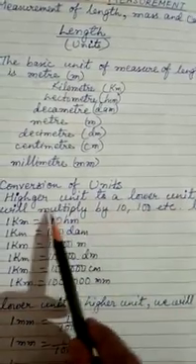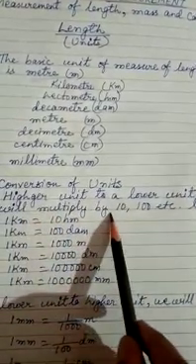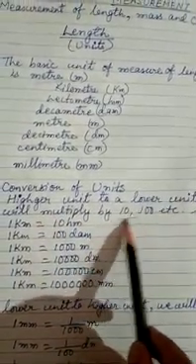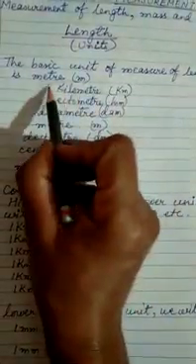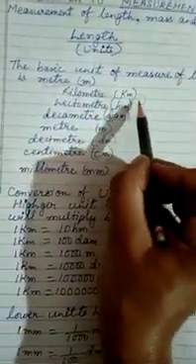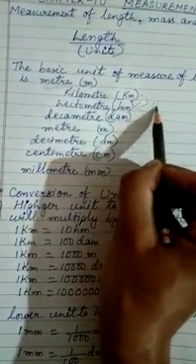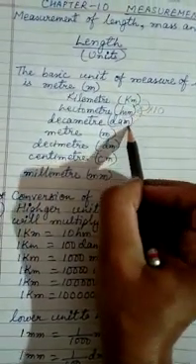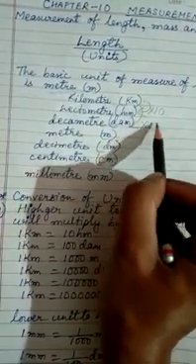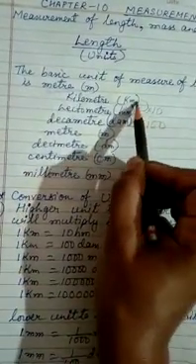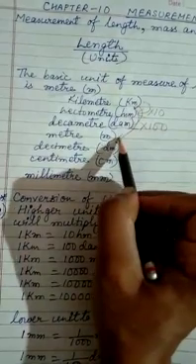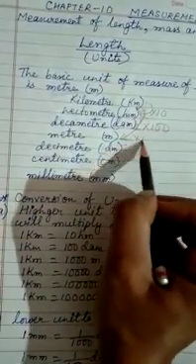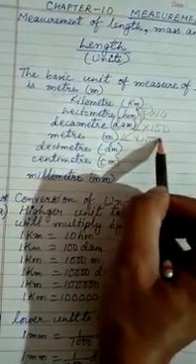For that, what we have to do? We have to multiply by 10. Means from kilometer to hectometer, we will multiply it with 10. Then kilometer to decameter, we will multiply with 100. From kilometer to meter, we will multiply it with 1000.